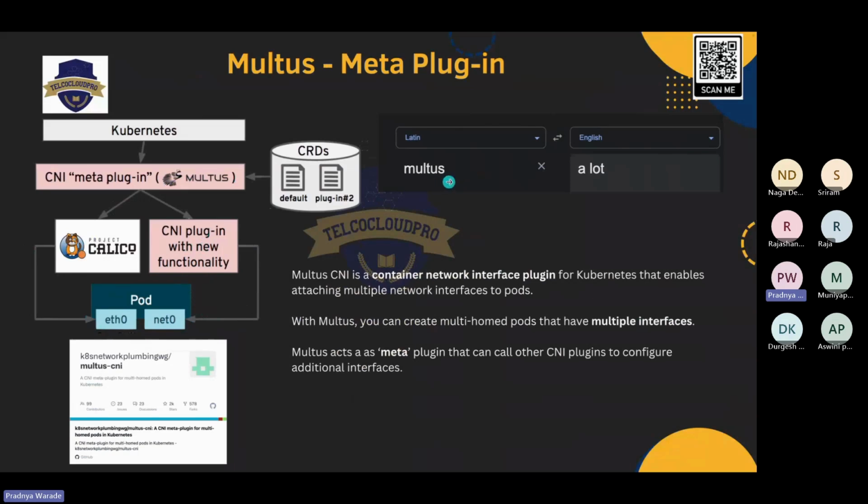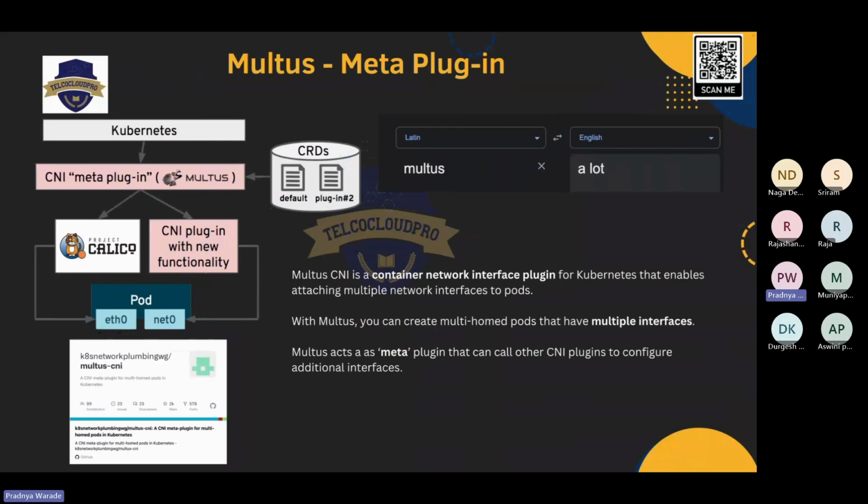We also said Multus is a Latin word which also means multiple. So simply, when you see Multus, you just need to understand that it is an enabler for having more than one interface on the pod, nothing more. It's a piece of software. It's also a type of CRD.